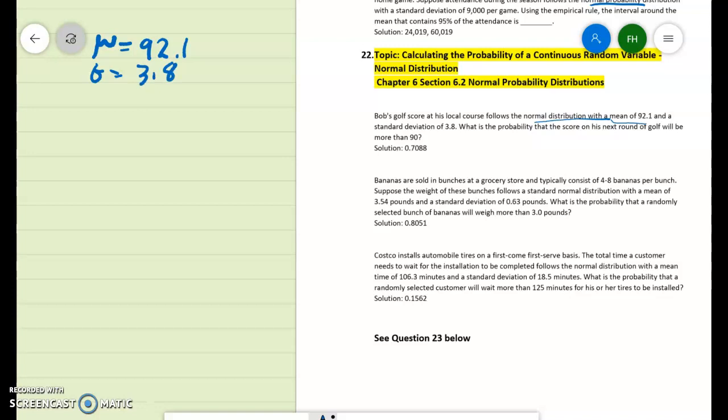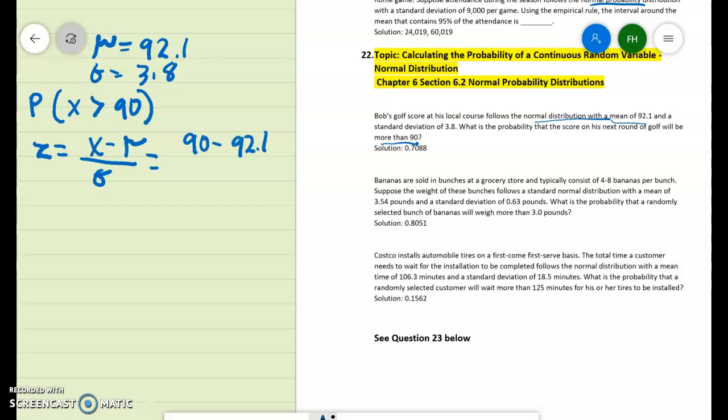And we want to know the probability that the score on the next round will be more, the probability that x will be greater than 90. So the first thing we have to do is get our z value, or our z-score, which is x minus mu over the standard deviation. So 90 minus 92.1 divided by 3.8. So our z value is negative 0.55.